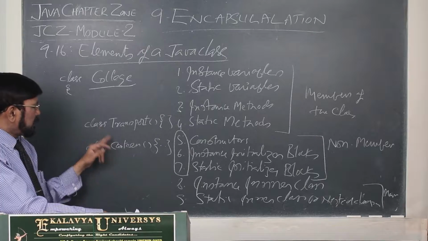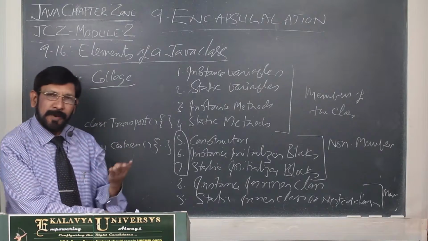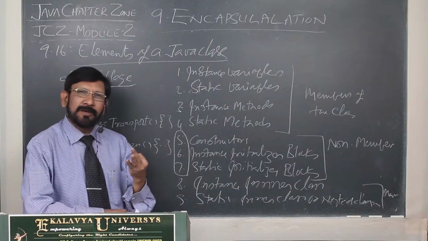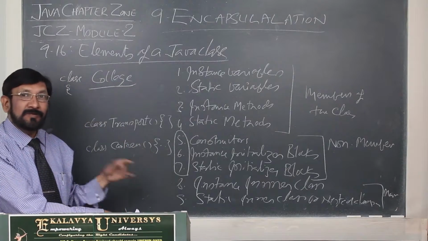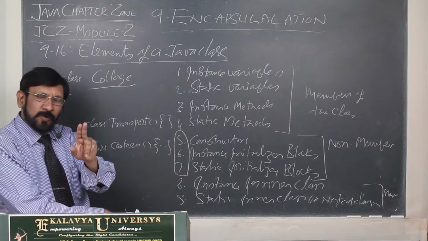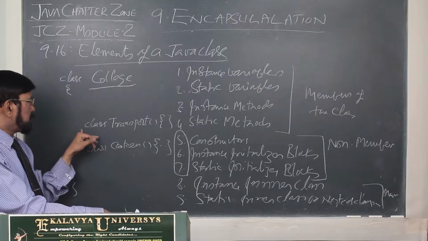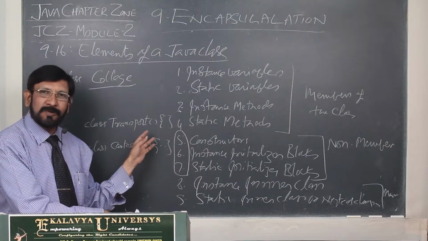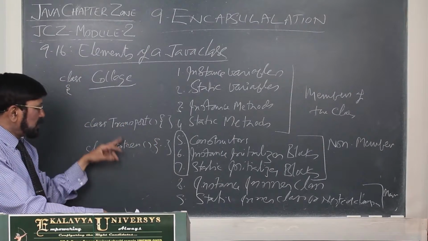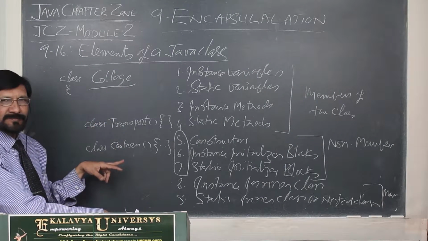But for these inner classes, all four are applicable: public, private, protected, as well as default. Why? Because they are classes, public and default are applicable. But being members, private and protected also are applicable. So they enjoy dual status. These are called inner classes.